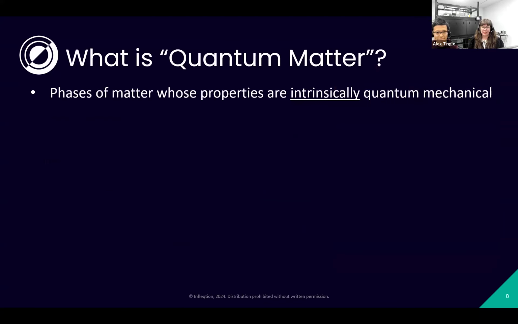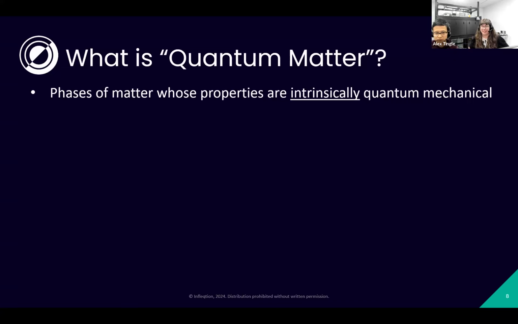So if we take everything a step further from cold atoms to ultra cold, we can start getting into the realm of quantum matter. Quantum matter is a broad subject, but it describes phases of matter whose properties are intrinsically quantum mechanical. The phases of matter most of us are familiar with are solids, liquids, gases, plasmas.